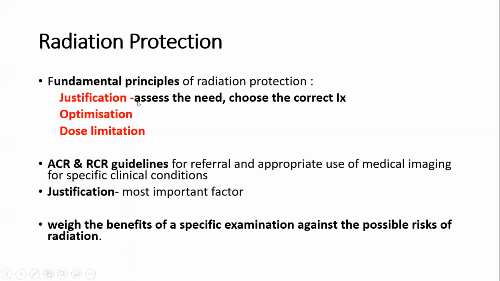When you're thinking about ordering radiation-related imaging, you always have to justify whether this is needed, whether you are going to get the needed data from the things you have ordered, like the CT or the chest X-ray, or whether you can choose another investigation such as the MRI or ultrasound.